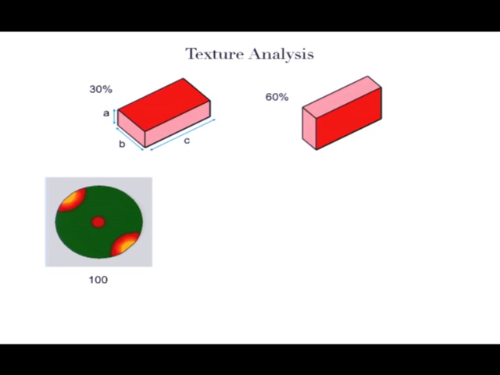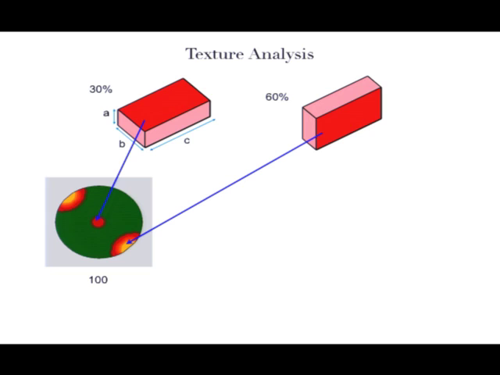If I plot each intensity at each orientation in a plot like that, I get this pole figure, which Bob already explained. So this intensity there will come from the orientation of the crystal with the only 30%, and this orientation will come from the other crystal.